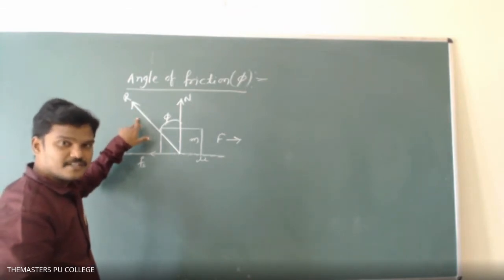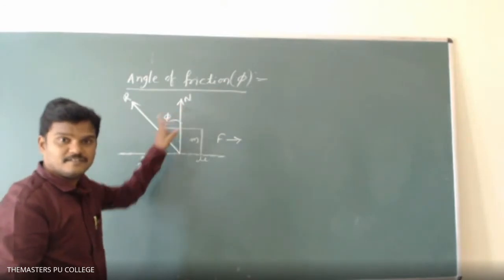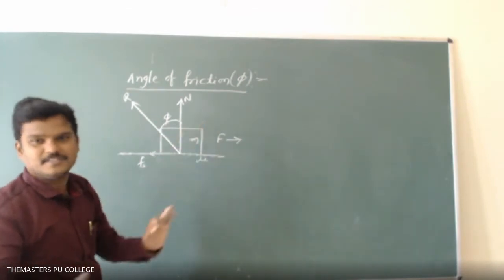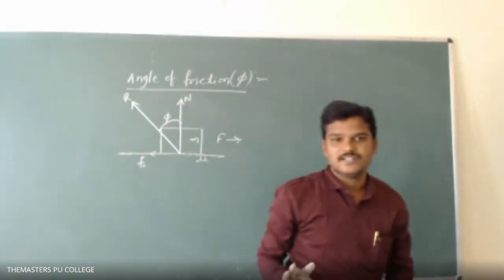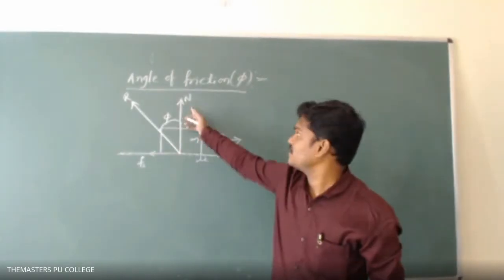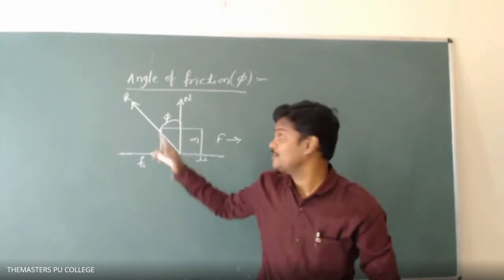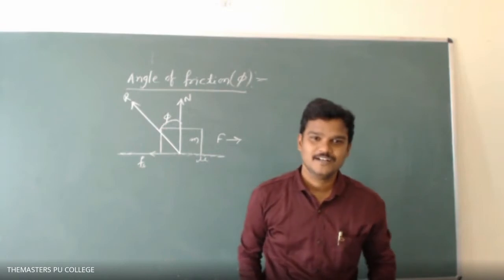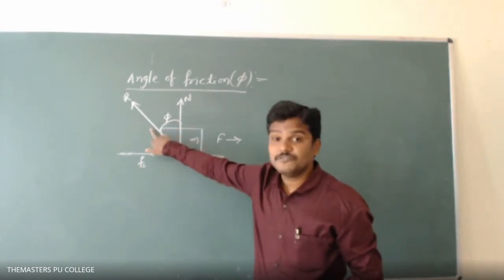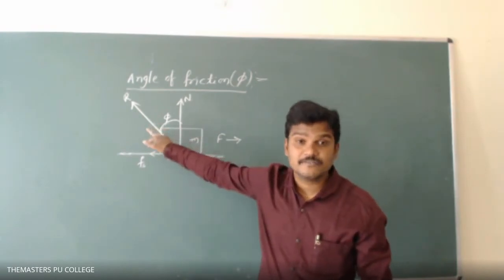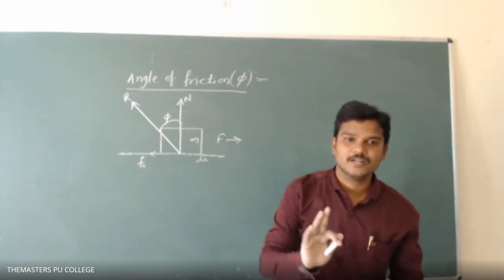Resultant of how many forces? Two forces: normal reaction and frictional force. Otherwise, in a simple way, the angle made by the resultant with the normal reaction is also called the angle of friction. I use two words again, that's why you are confused, nothing to worry about.